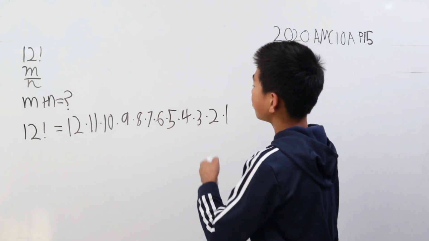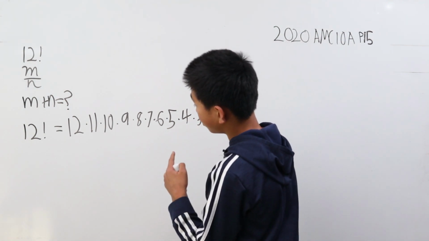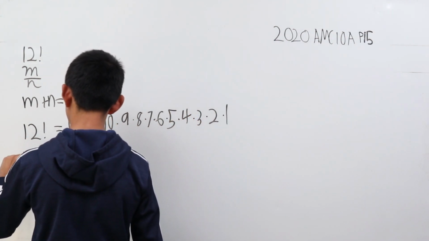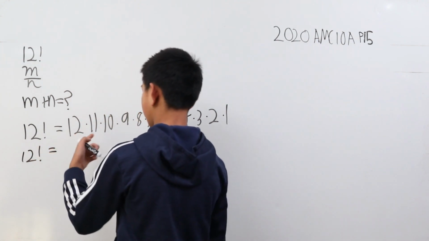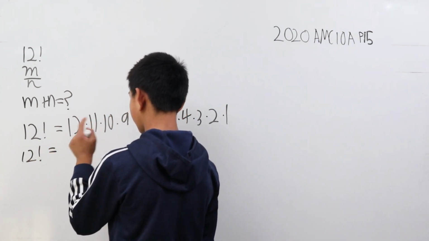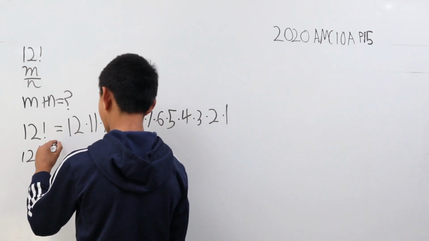We want to prime factorize all these numbers. So first of all, we have to factorize 12 into a prime factorization form.